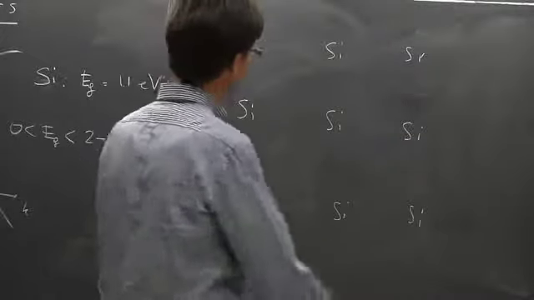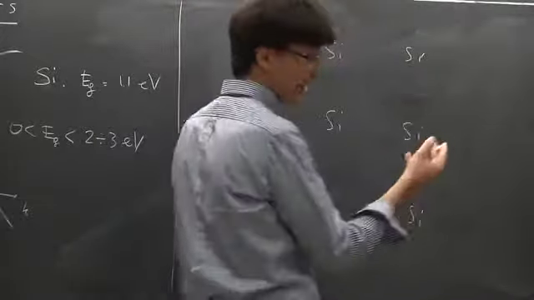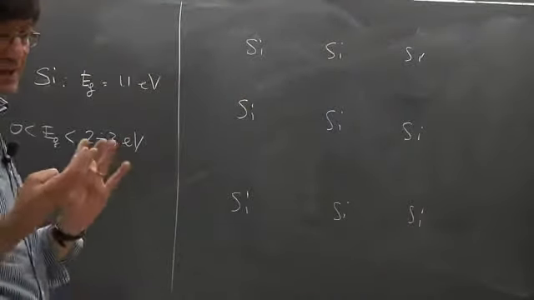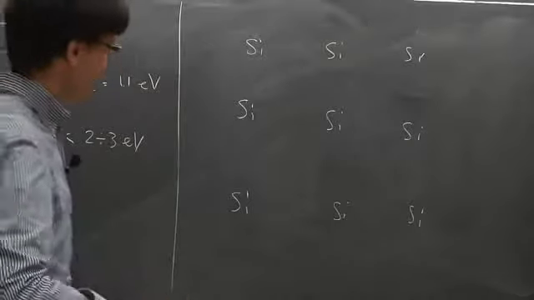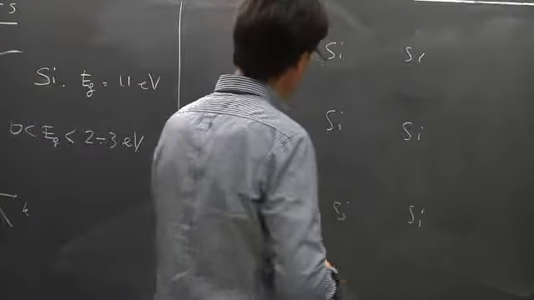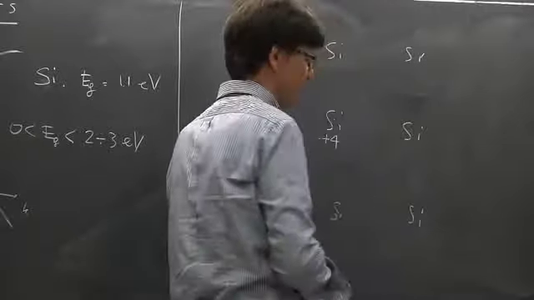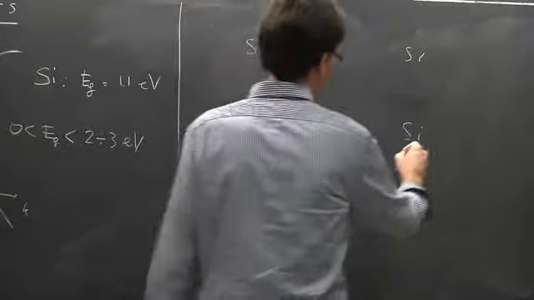It means that we have silicon, which, by the way, has a valence of 4, so we forget about the core states. We just retain the 4 valence electrons. All the other ones are frozen in the core. And what this means, therefore, is that there is a +4 nuclear charge sitting at each one of these sites.